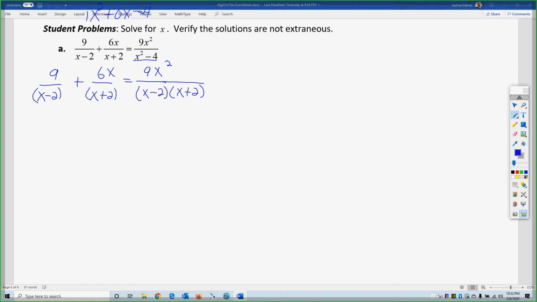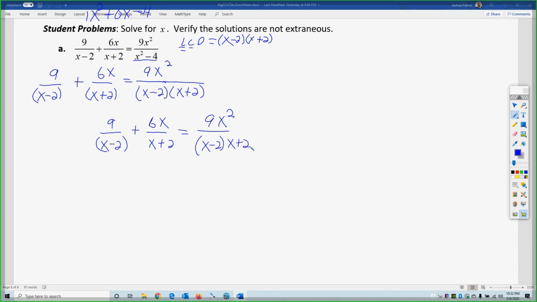Okay, so lowest common denominator. They have a common x minus 2 and a common x plus 2. There's nothing left over after you take those out. So we'll shift it over a little bit. So 9 over x minus 2 plus 6x over x plus 2 equals 9x squared over x minus 2, x plus 2.